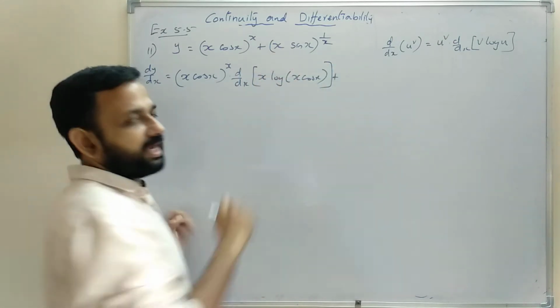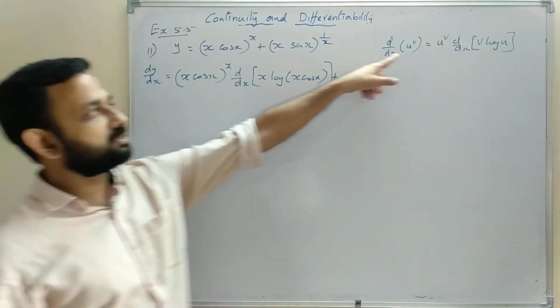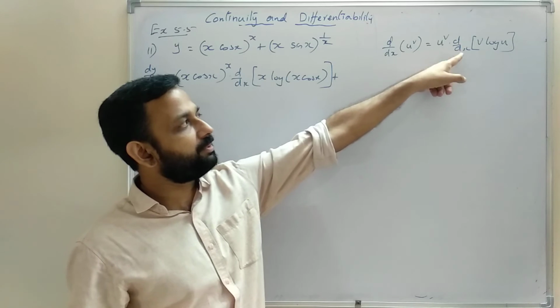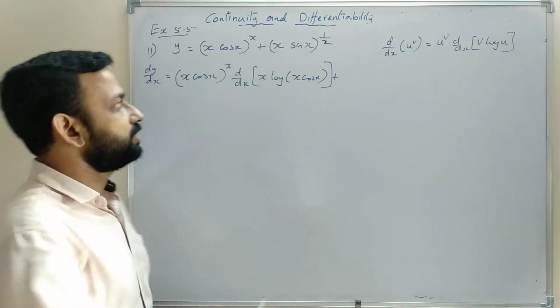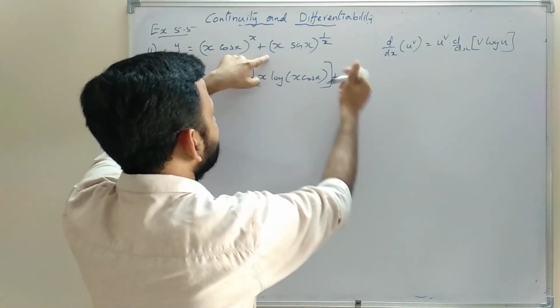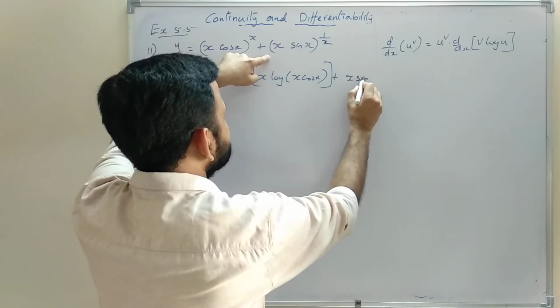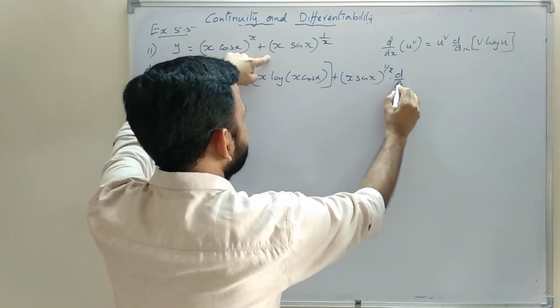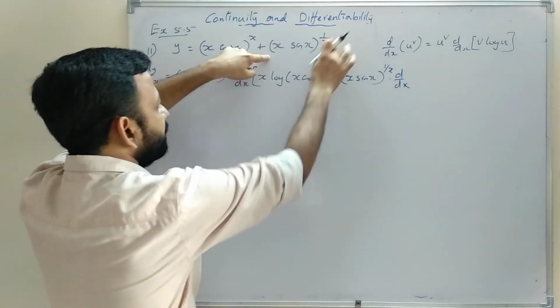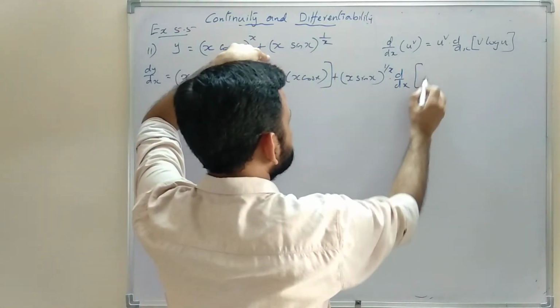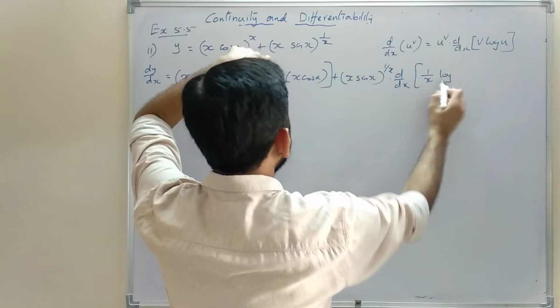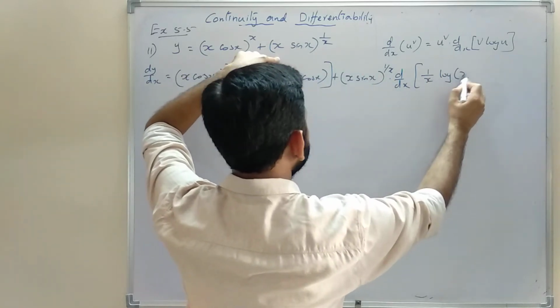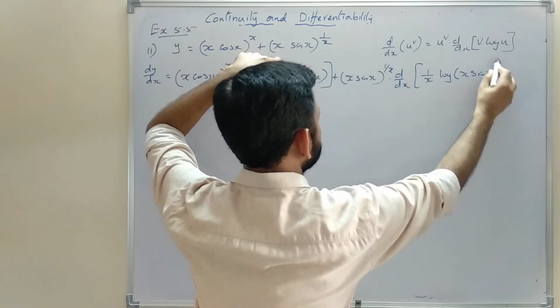The same formula we can apply here: d by dx of u raised to v equals u raised to v into d by dx of v log u. So (x sin x) raised to the power 1 by x into d by dx of 1 by x log(x sin x).